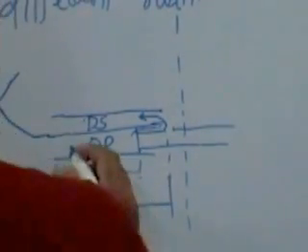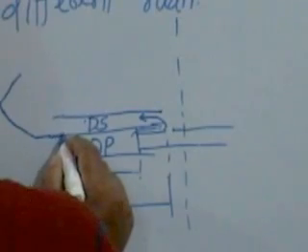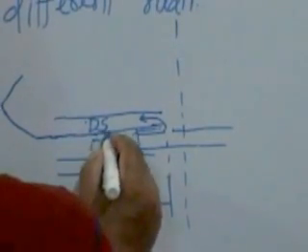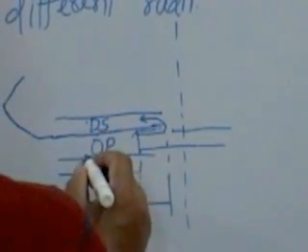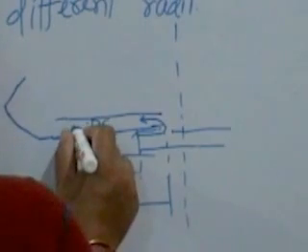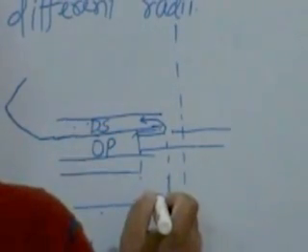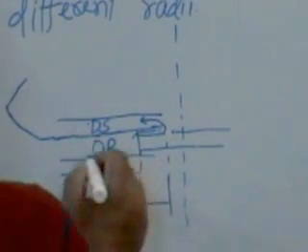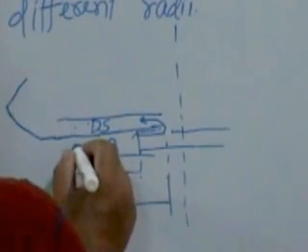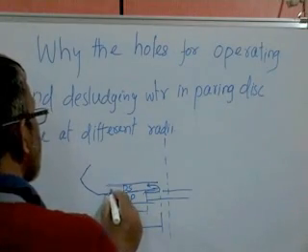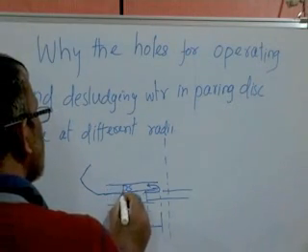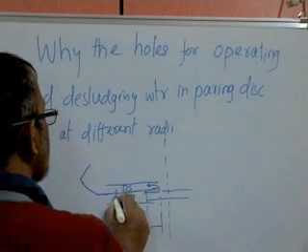And what will happen? The sliding bowl will be pushed down, because the pressure here has increased due to more radius, and due to less radius the pressure is less. Because the pressure is more here, the sliding bowl will be pushed downwards.